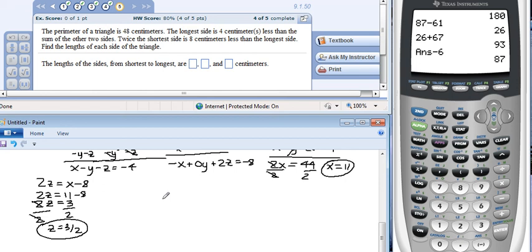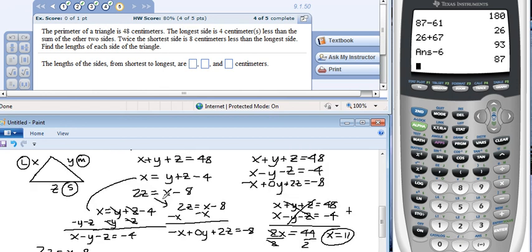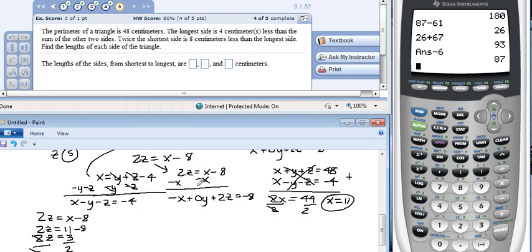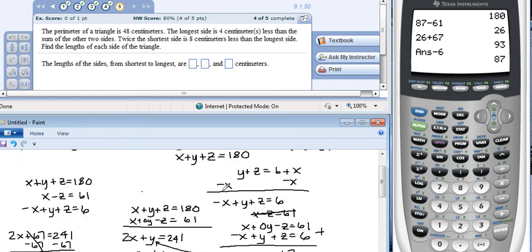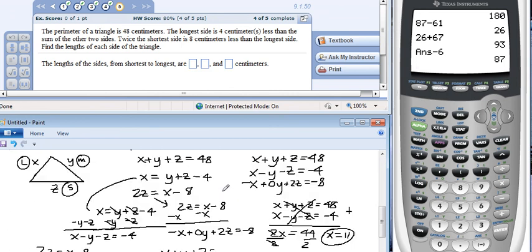And now I want to find y. So I could use this one or I could use that one. Okay? So I'm going to plug in my values. Let's try x plus y. I don't think this is right. Good, we made a mistake. Now we've got to go back and fix it. Where am I? 48.